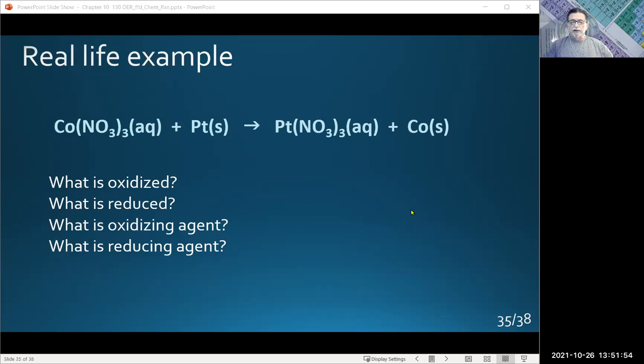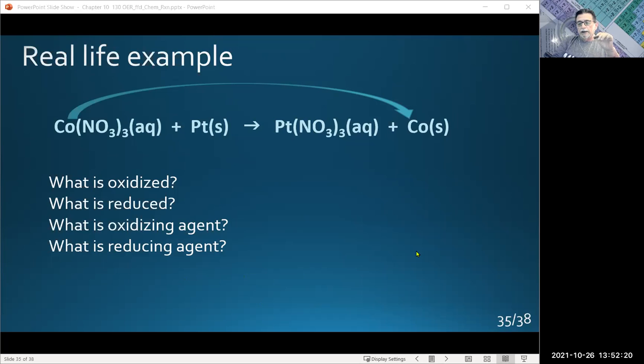This is a compound that is utilized a lot for cancer treatment, the platinum species, and it's created by taking cobalt nitrate, specifically cobalt 3 nitrate, and treating it with platinum. Very expensive metal. That's why this treatment can be very expensive.